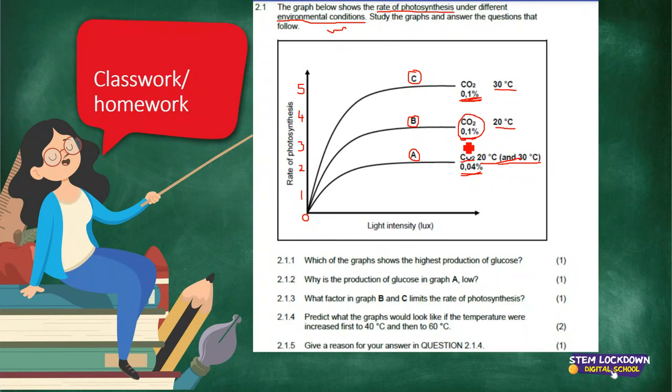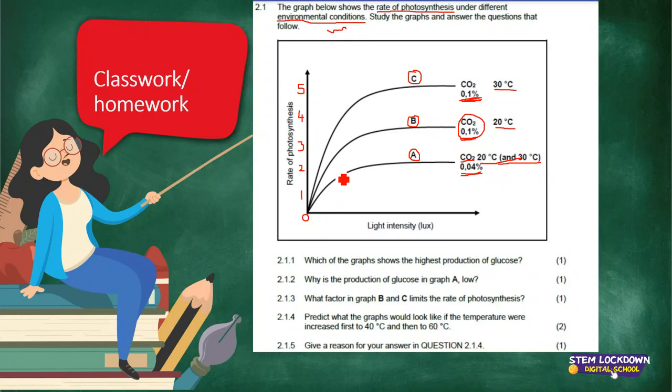So the carbon dioxide concentration at graph C is the same as in graph B, but graph A has a lower concentration of carbon dioxide. So that is why the production of glucose in graph A is low.